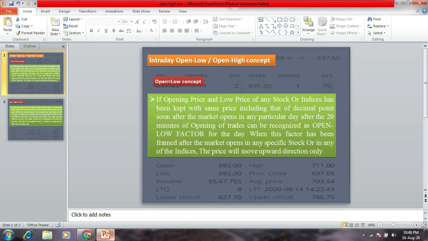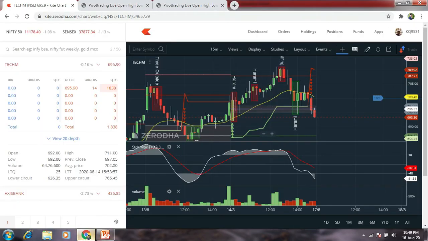So after that, you can see here, soon after the market opens on any particular day, after 20 minutes of opening of the trades, it can be recognized as an open equals low factor. The market opens at 9:15 and you wait until 9:45.